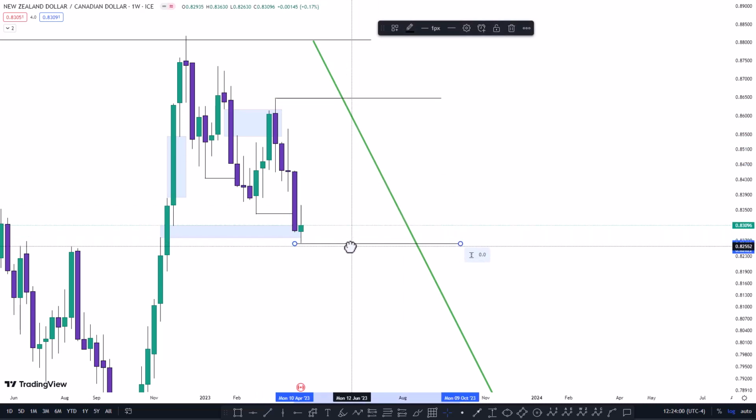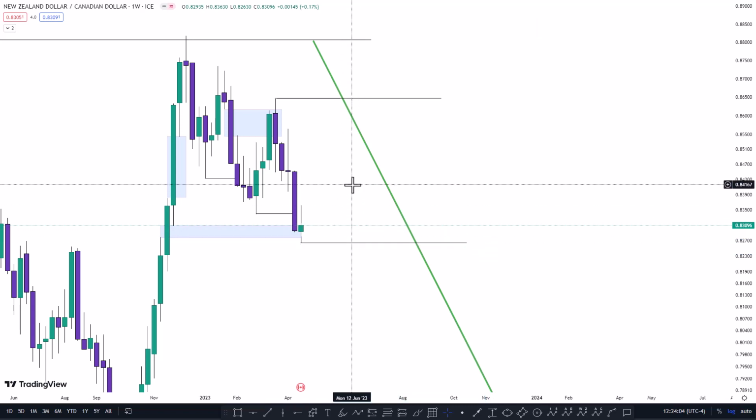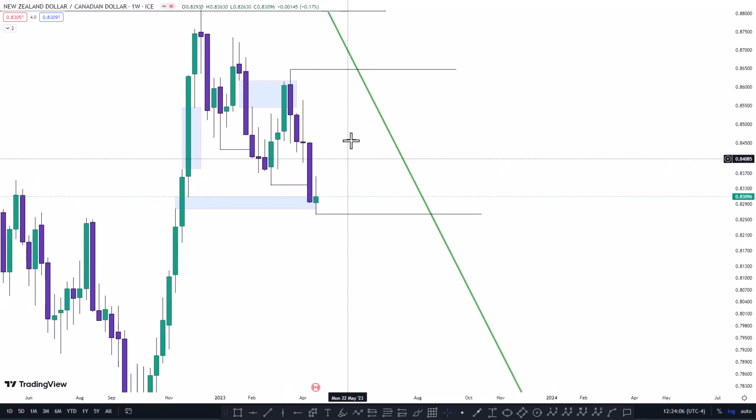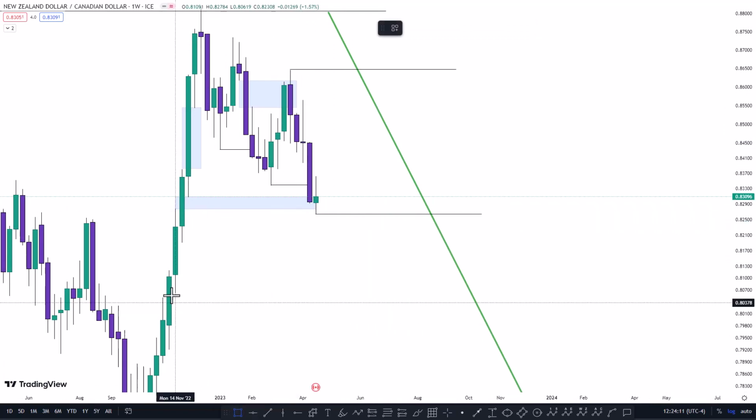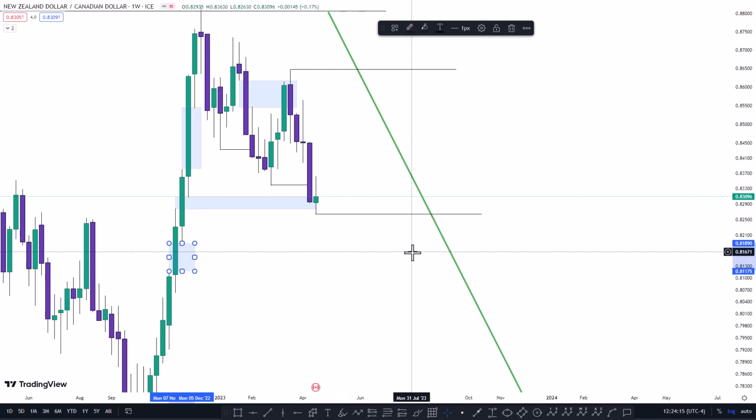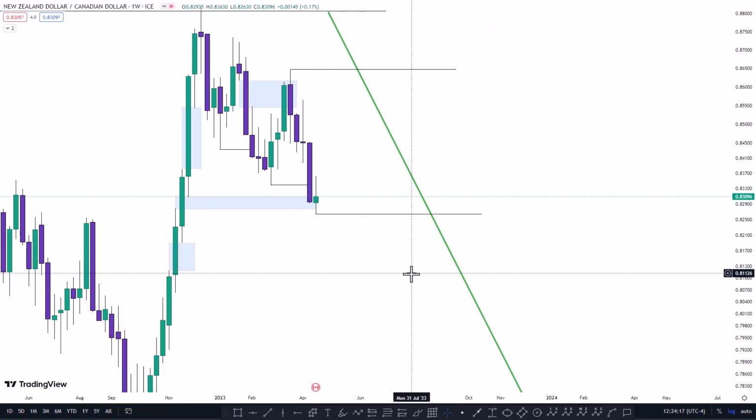So if the market creates a pullback and starts going down, you have to think about the next imbalance the market may fill before it gives you another reaction. Hope you understand what I mean.